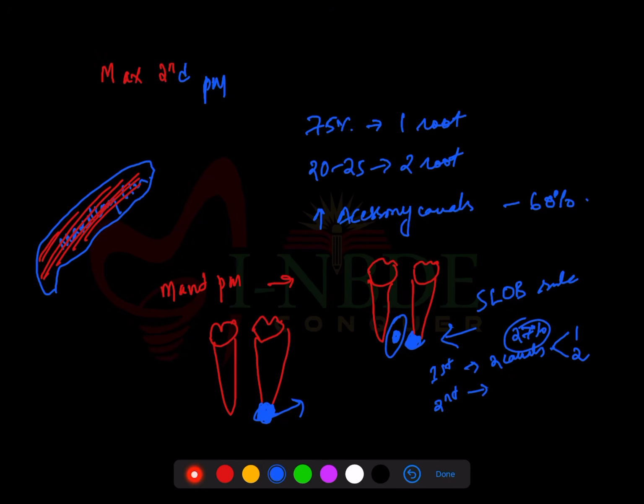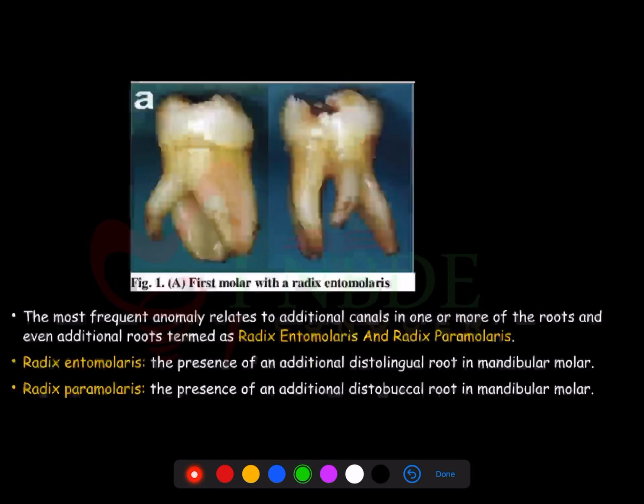And the second premolar is mostly 1 and 1, that is one canal and one foramen, in around 80 to 85% of cases. So that is the basic difference you have to note between the first and the second premolars. Okay, I think this is more than sufficient.